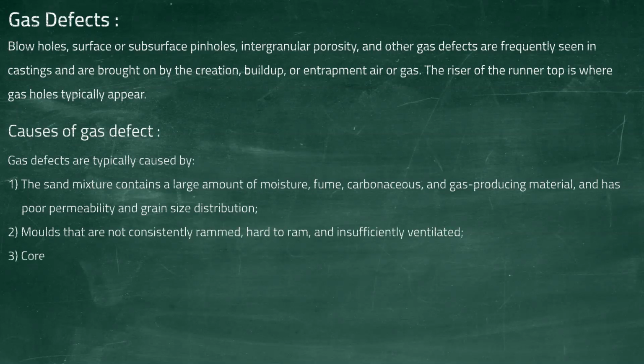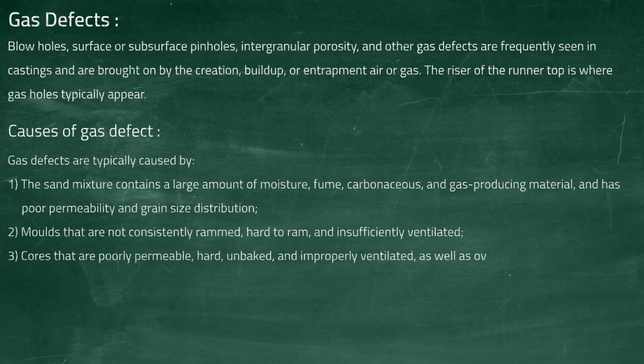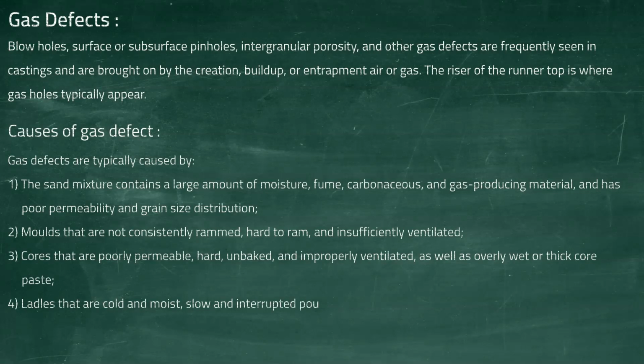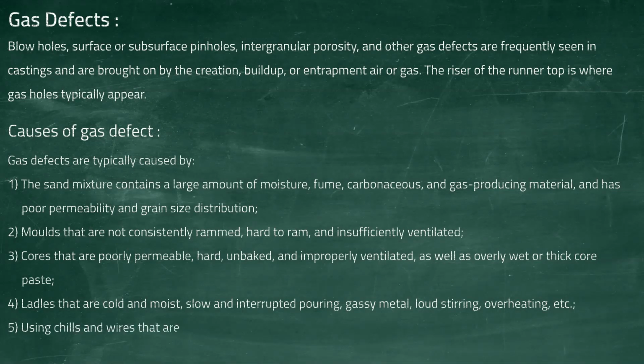Cores that are poorly permeable, hard, unbaked, and improperly ventilated, as well as overly wet or thick core paste. Ladles that are cold and moist, slow and interrupted pouring, gassy metal, rough stirring, overheating, etc. Using chills and wires that are rusted, inadequately coated, oxidized, and wet.